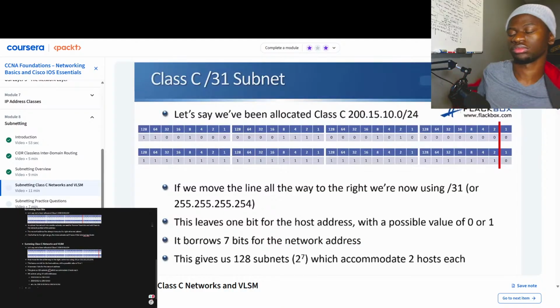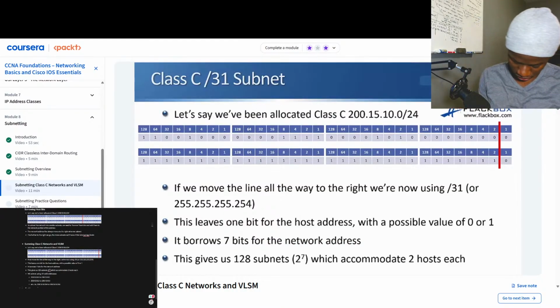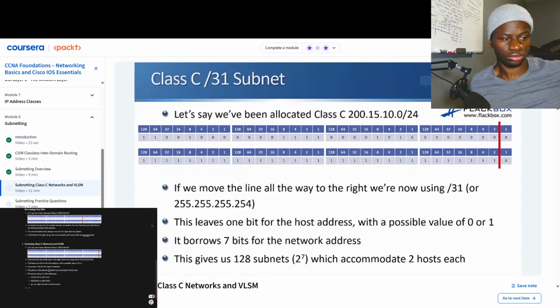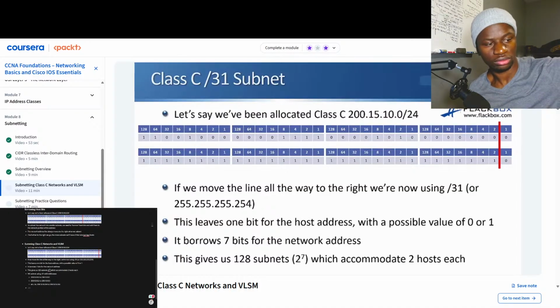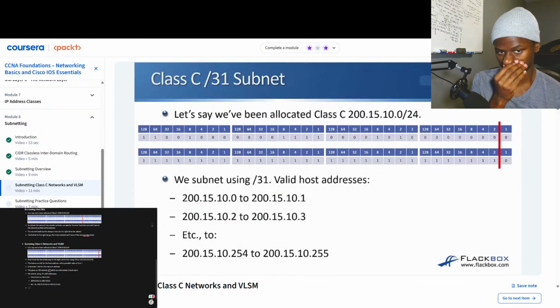So a Class C, a /31, it borrows 7 bits for the network address from the host address. That gives us 128 subnets, which is 2 to the power of 7. Again, let's count it up. 2, 4, 8, 16, 32, 64, 128. And that's going to accommodate 2 hosts each. So that's what we get with a /31.